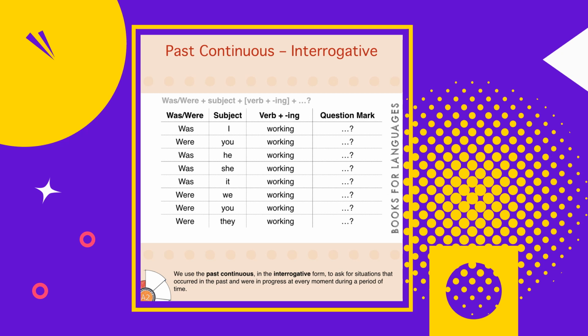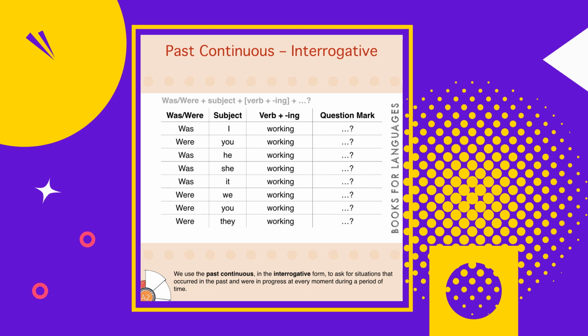So whenever we give an exam, we never say I'm giving an exam. We always say I'm writing an exam. So write plus ing is your verb. An exam is the rest of the sentence and then question mark. So it becomes, were they writing the exam?